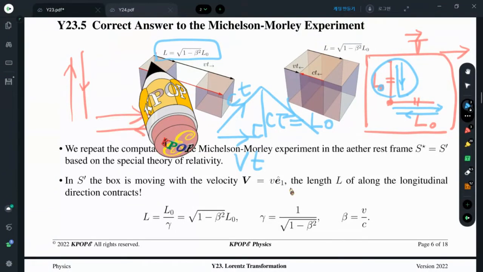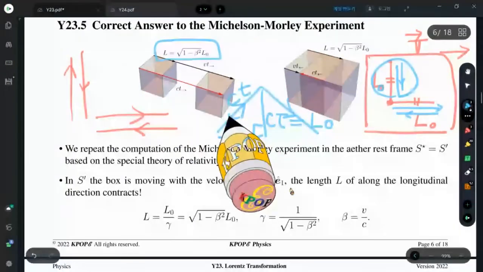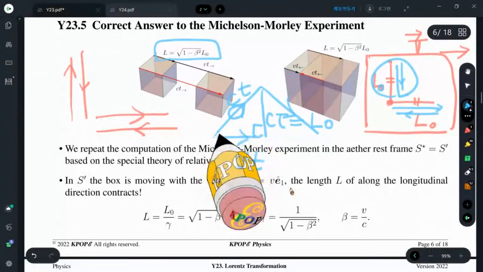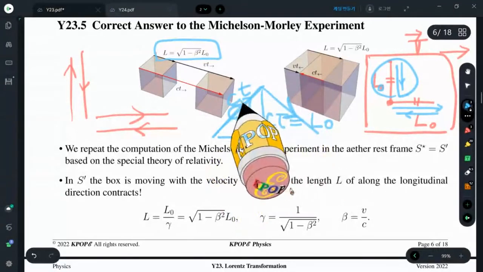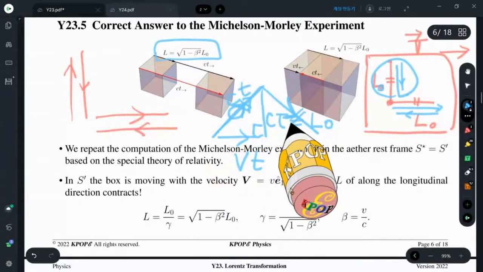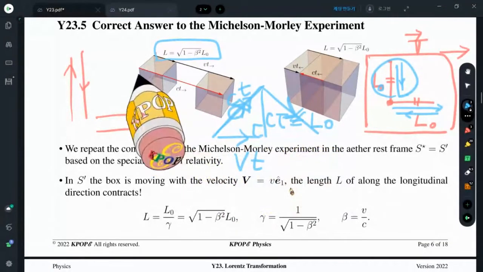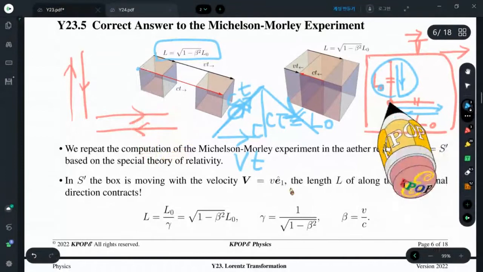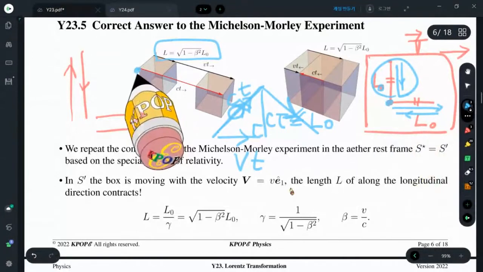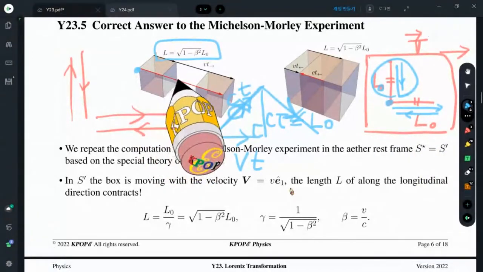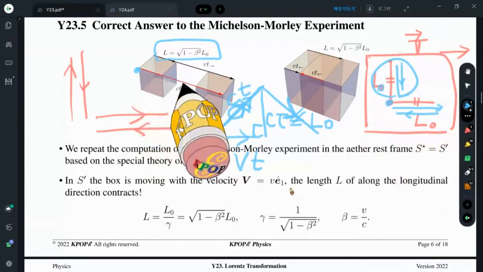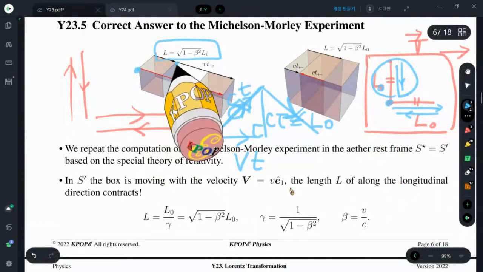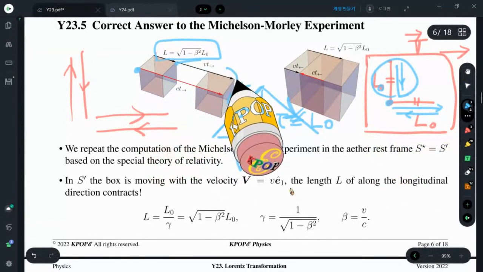In the case of transverse motion, the time required for the travel forward and backward was the same. However, in this case, this is the starting point, and then this device flies with the velocity v, and this mirror flies with velocity v.